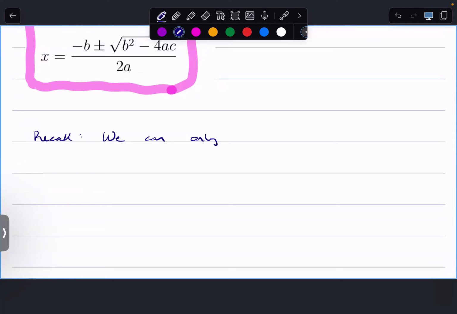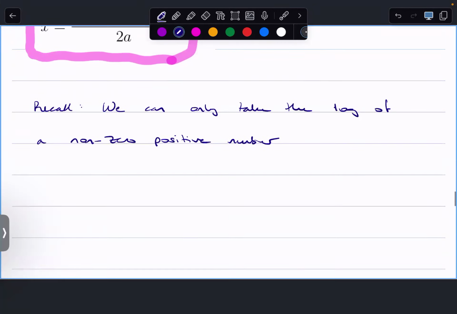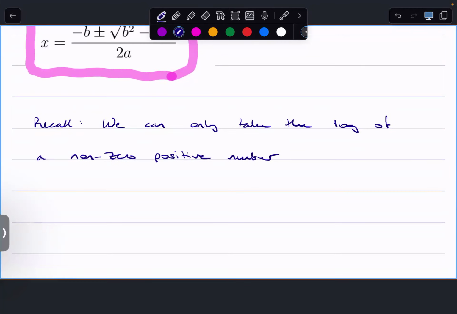We talked about that last day, but it's good to remember, because often if we're using logs, then we're going to find that we have two solutions, but only one of them is valid because we can only take the log of a non-zero positive number.